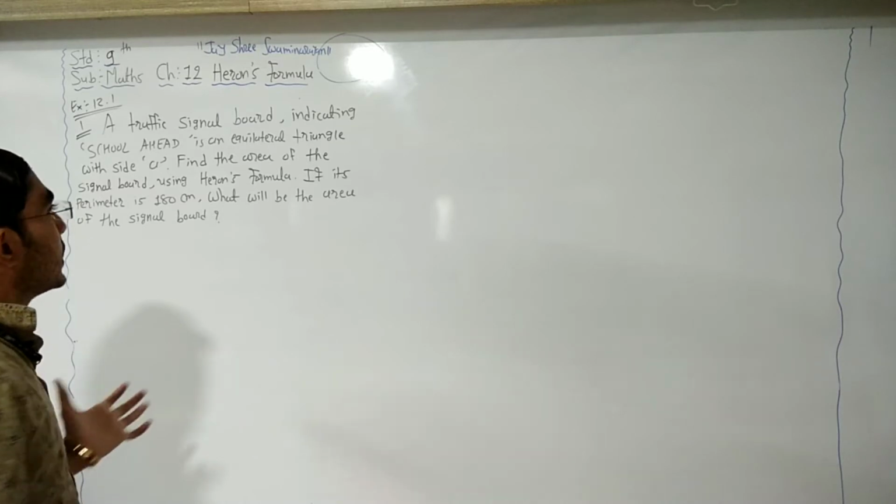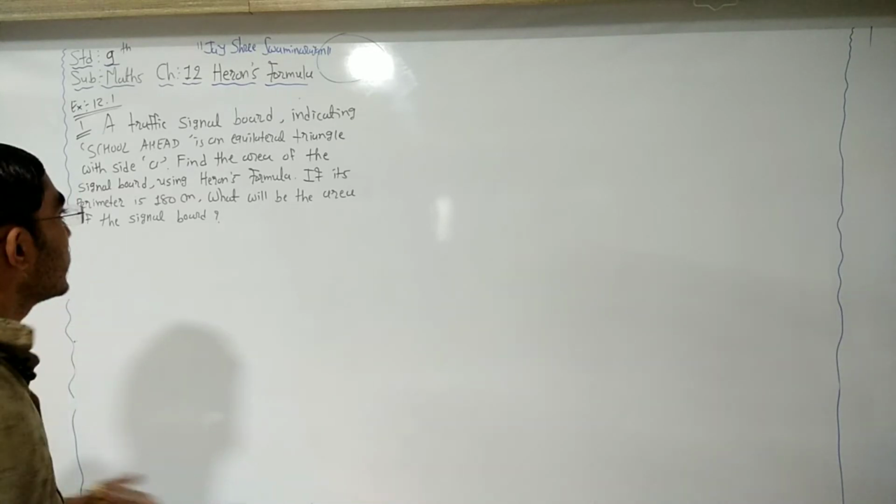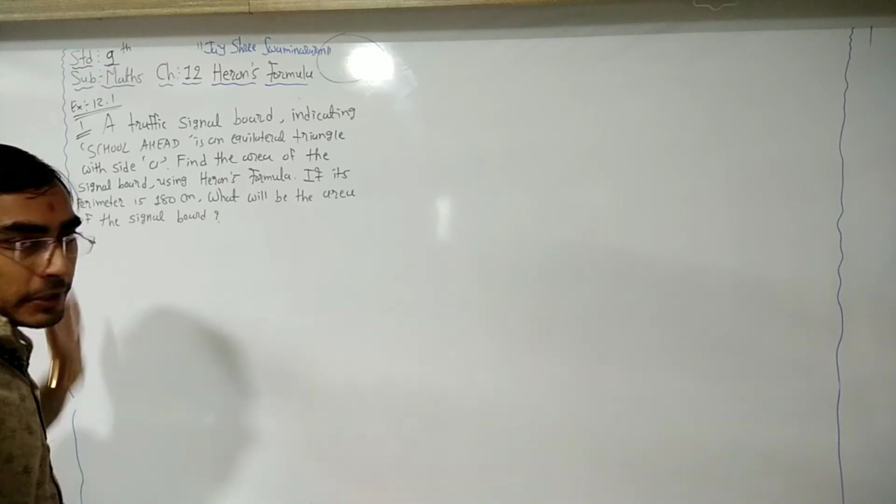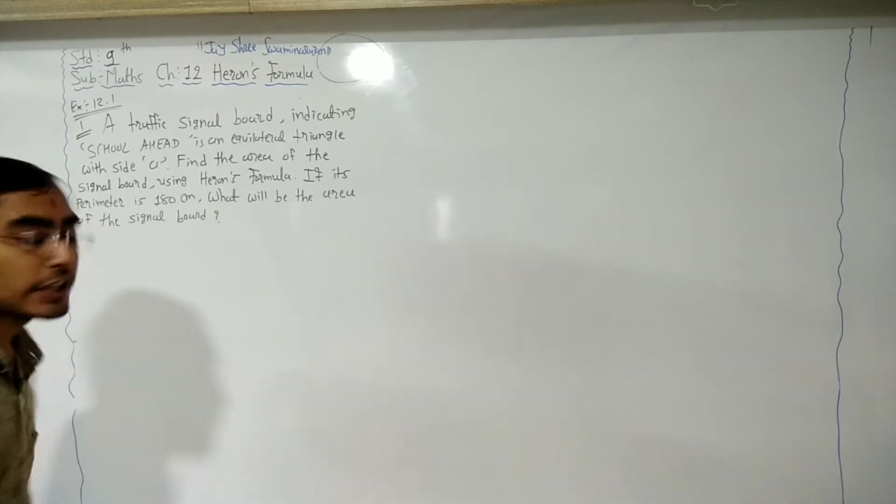Find the area of the signal board using Heron's formula. If its perimeter is 180 cm, what will be the area of the signal board?